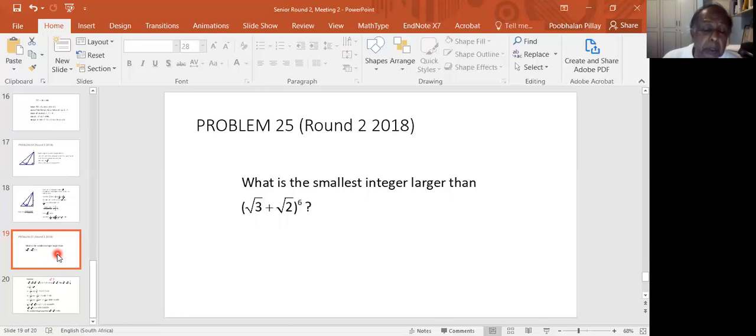It's useful to know what the root of 3 is approximately. You should remember that the square root of 3 is 1.7 approximately. It's 1.732, actually, to 3 decimal places. So the square root of 3 is approximately 1.7.